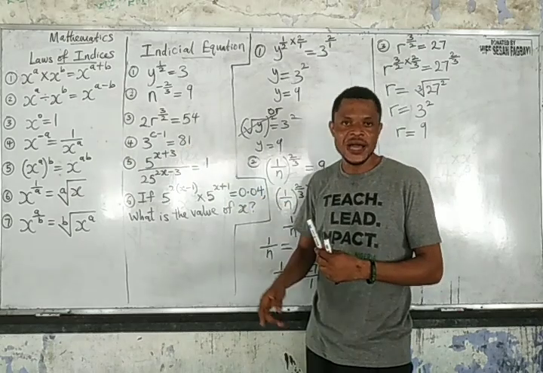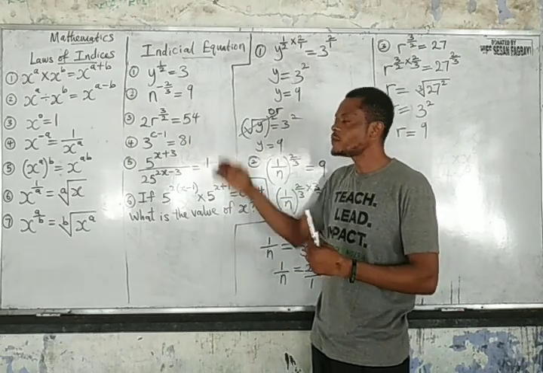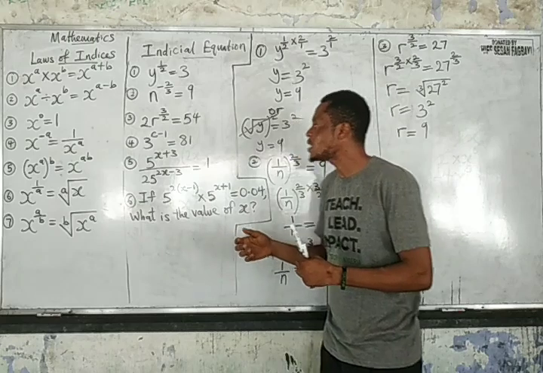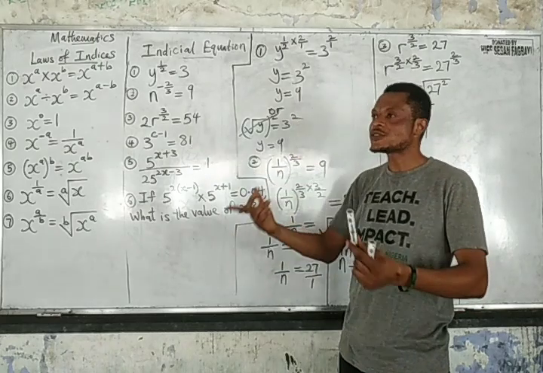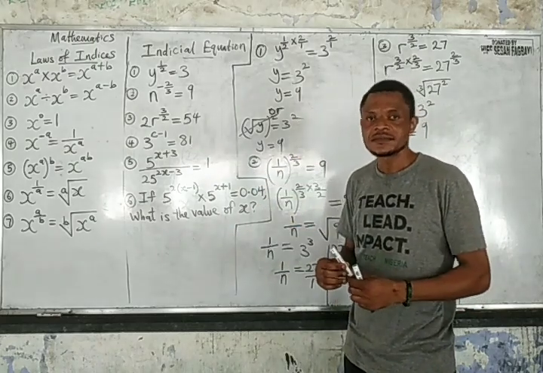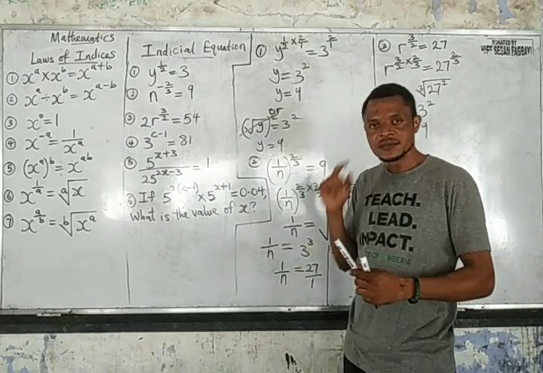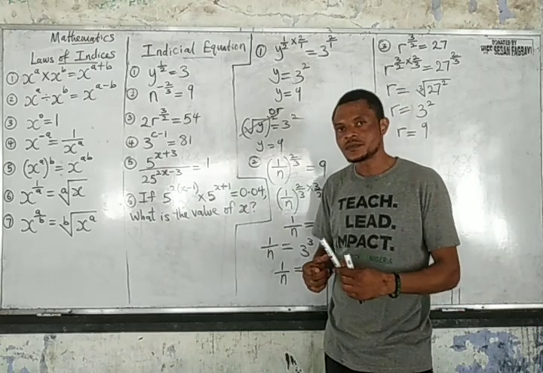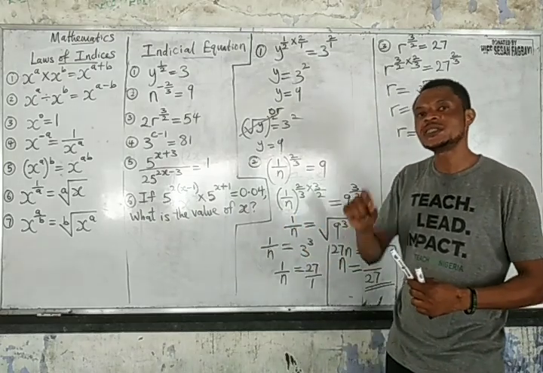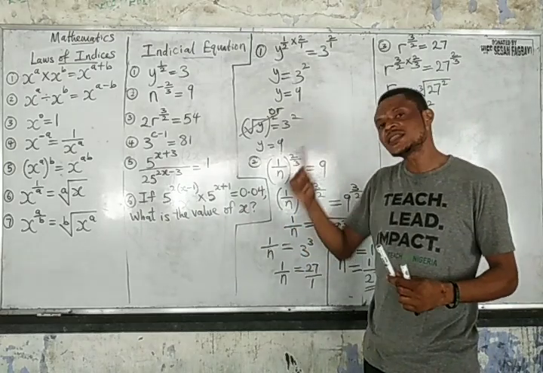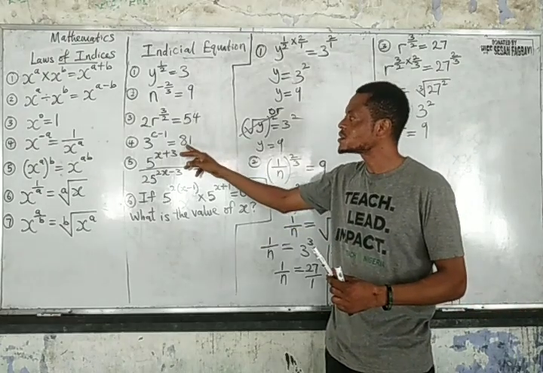Then we eventually power it with a suitable figure. So when you think of it, 3 raised to power 2 will give us 9. 3 raised to power 3 will give us 27. What about 3 raised to power 4? By the time you multiply 27 by another 3, it will definitely give us 81.